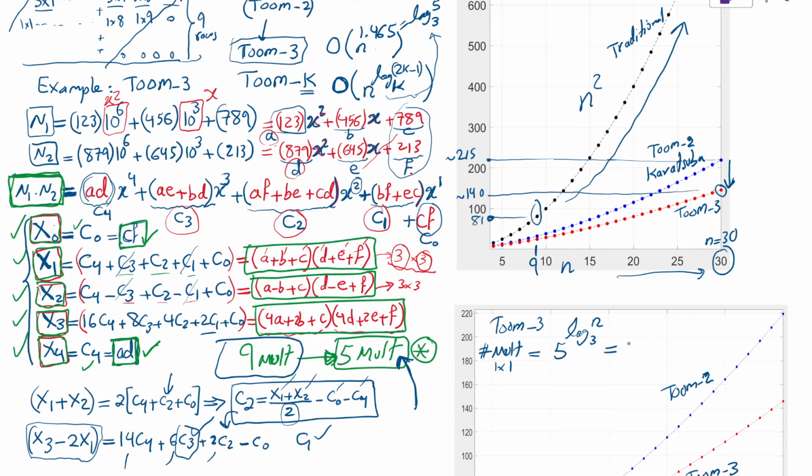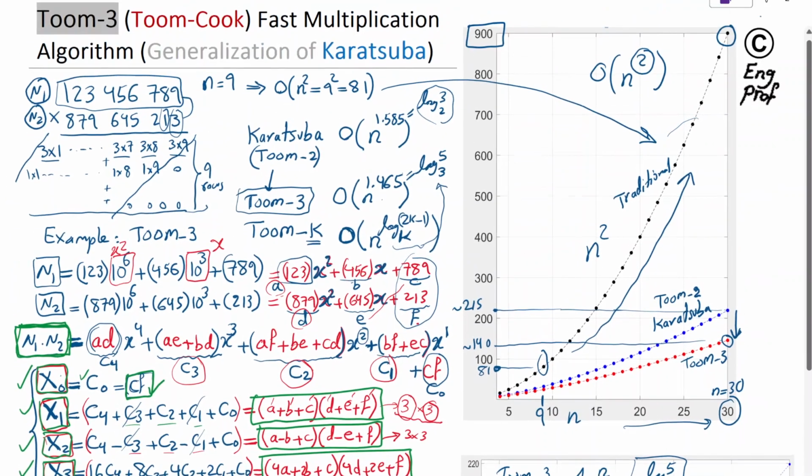This is the same as saying n to the power of log 5 base 3. And that's exactly the complexity we talked about for the Toom3 algorithm.